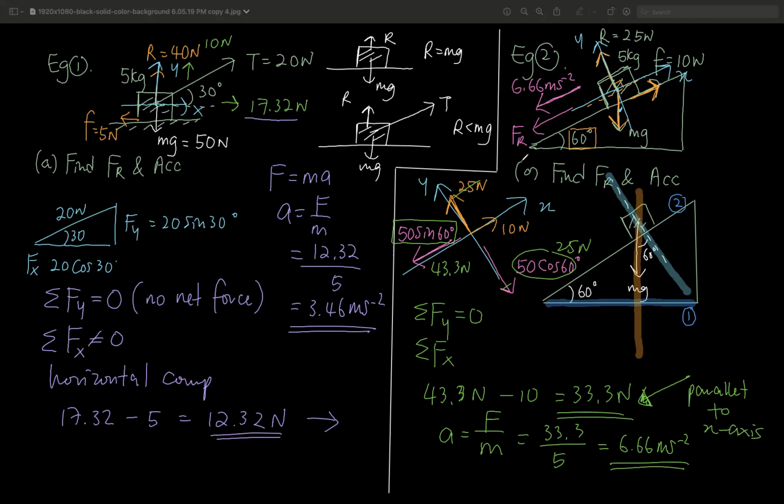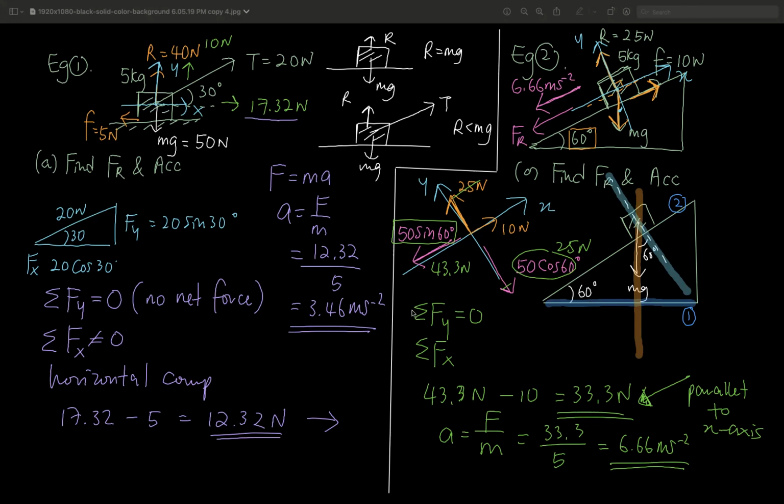In a balanced system, when you analyze all the forces, you resolve every force into vertical and horizontal, and you find that the total sum of vertical is 0 and the total sum of horizontal is also 0. That is when you have an equilibrium system. So what is an equilibrium system?